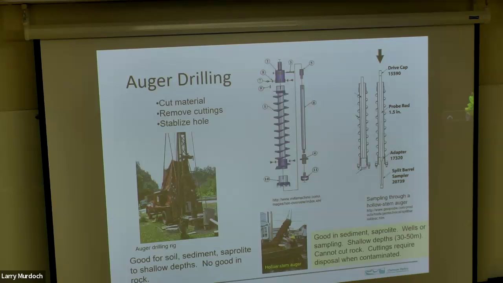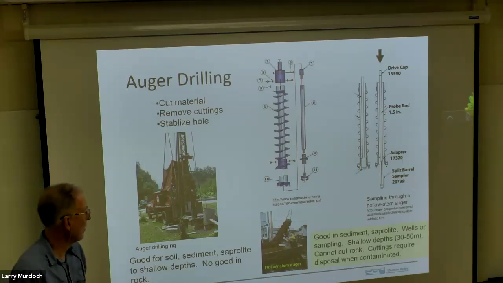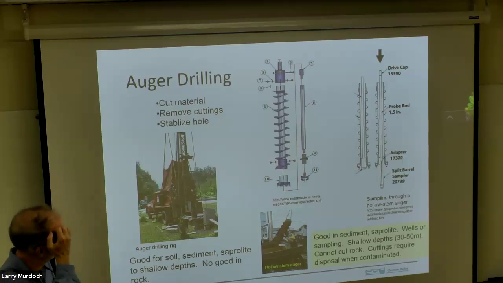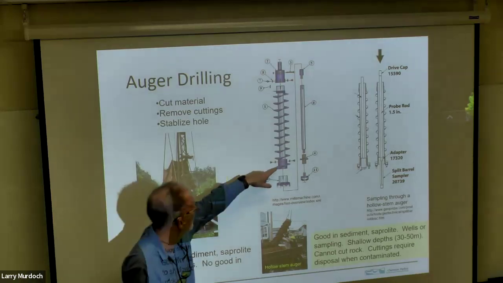So if you need to make a bigger hole, and typically if you're going to make a well that you want to pump out of, then that's going to require a bigger hole. So the typical way that's done in material that is soft, like sediment or saprolite, is to use an auger. And so here's a picture.